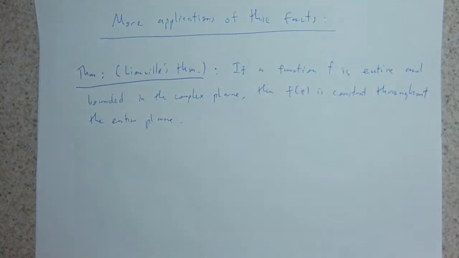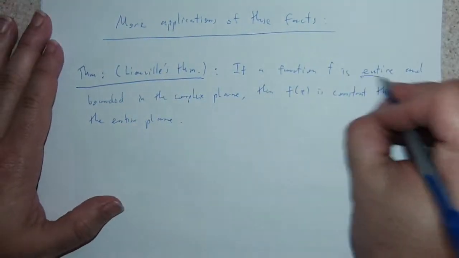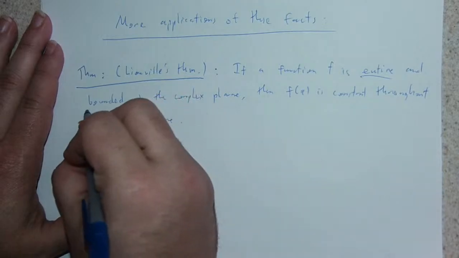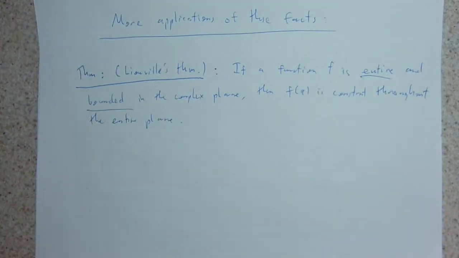This is pretty amazing. If it's entire, that is analytic on the whole plane, and bounded in the complex plane, it actually has to be constant. Why is this amazing?